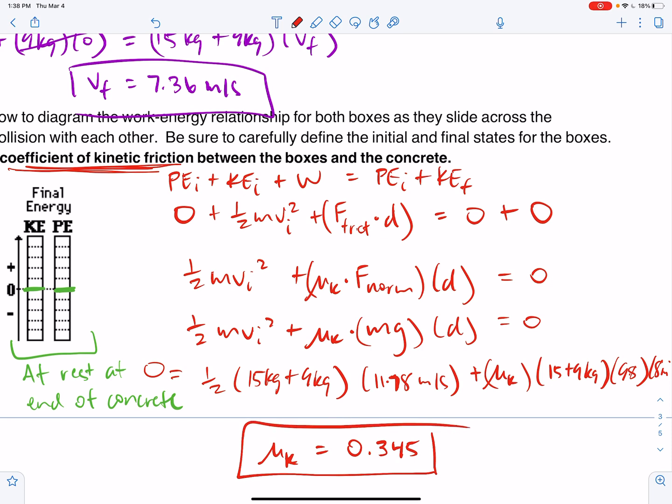And it will not be negative because I should have added this. The direction of the force is to the left. It's against the direction of motion. So this force term is going to be negative. Excuse me, not that force term. The force of friction.